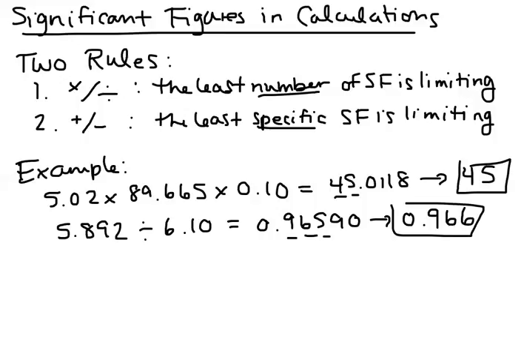Great. Now for the addition and subtraction rule. Remember, the least specific sig fig is limiting. That means the one that's in the largest digits place. I'll give you an example to clarify that. 1,025 plus 300. 1,025 is specific to which place?